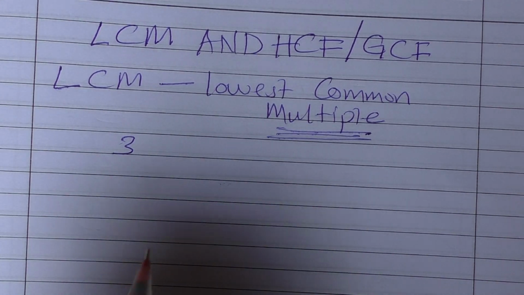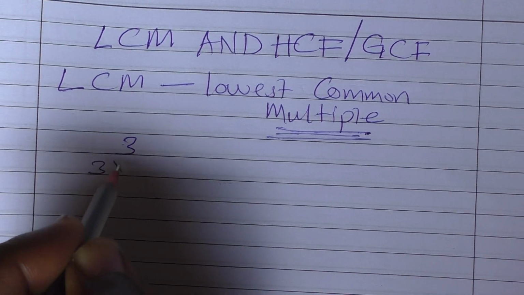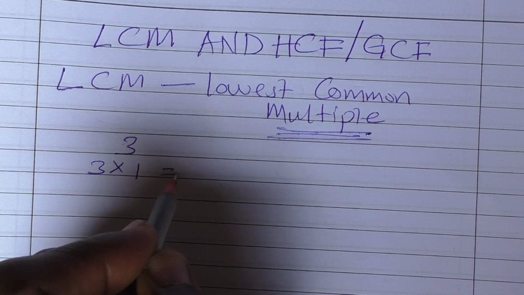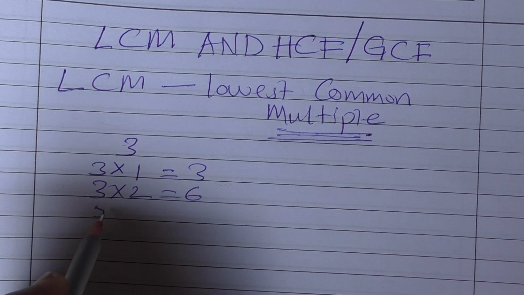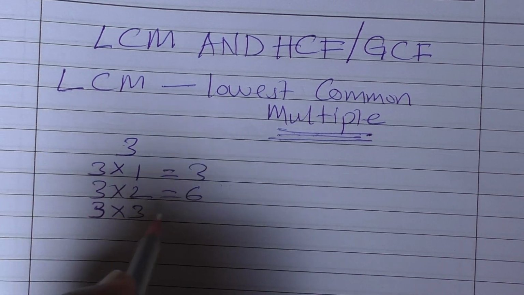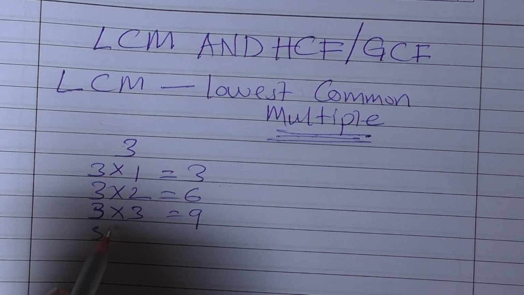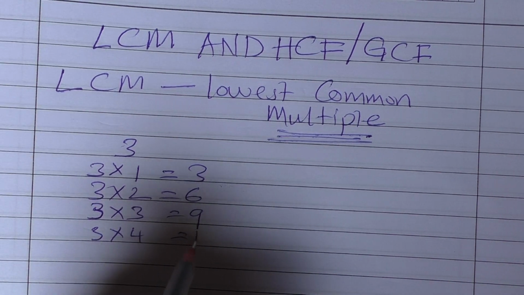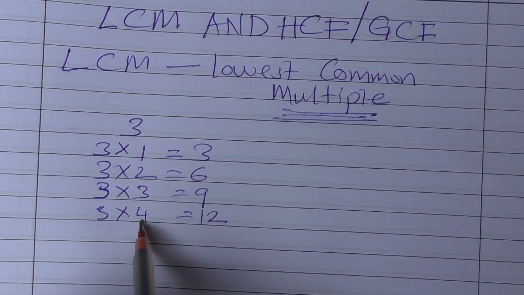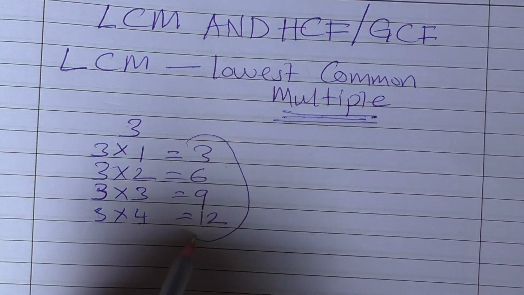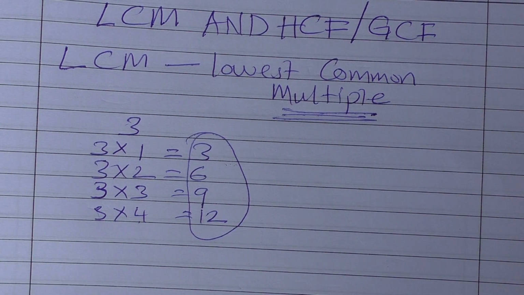Multiples of 3 are obtained by multiplying 3 by other numbers. So, when we multiply 3 by other numbers, what we get, those are the multiples of 3.